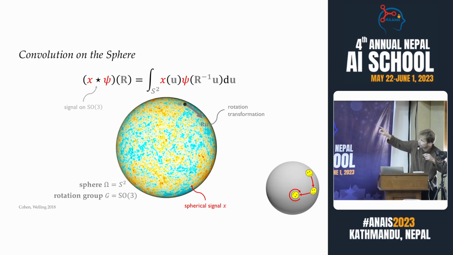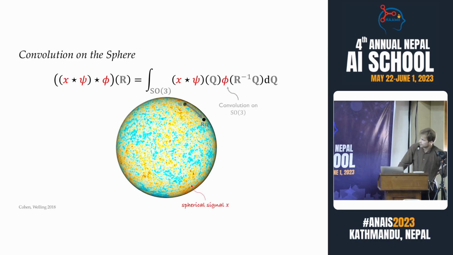And basically this R^-1 u is moving around a filter on the sphere, which is precisely like moving around the filter in convolutions for images. What you can see at the bottom right is an illustration of the symmetries that exist on a sphere. There's a rotation, and then it looks like a translation, but if you think about it, the translation is like a rotation on another axis. Then you can also have signals on the group itself, and this is how you get this equivariance.